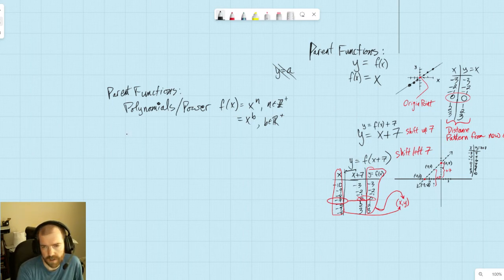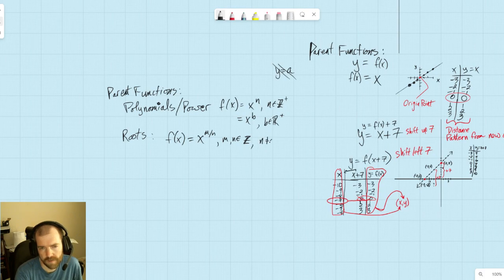We've got roots, x to the m over n, where m and n are going to be integers, and n is not 0. Rational.